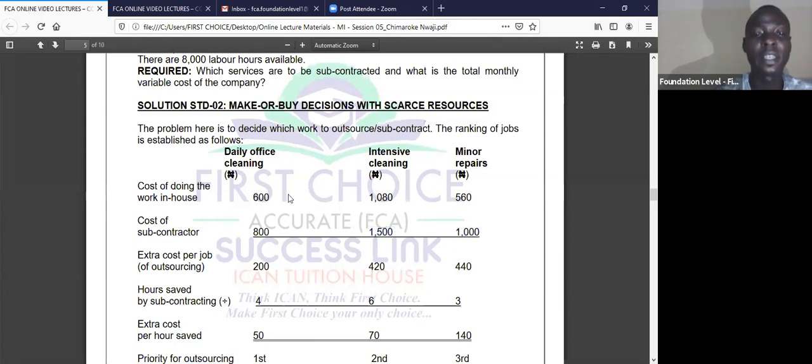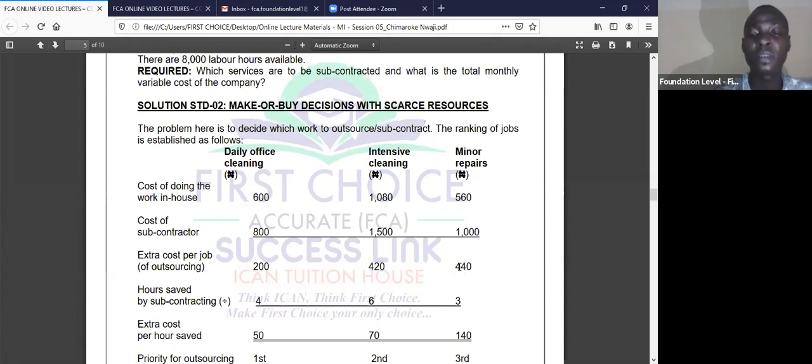Fine. Now, if we are to compare the two of them, what is the extra cost of doing the job outside? So if we give out this daily cleaning, we'll spend extra 200. If we give out intensive cleaning, instead of making it, we'll be spending 420 extra.